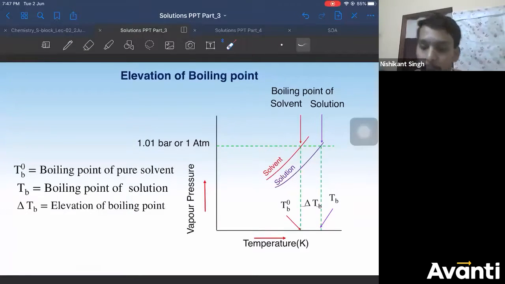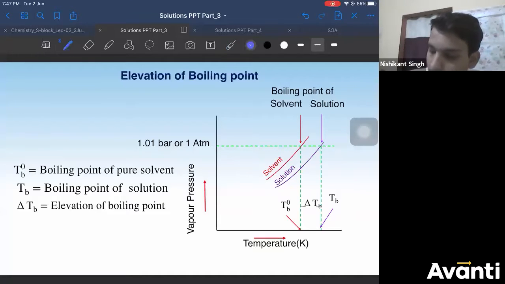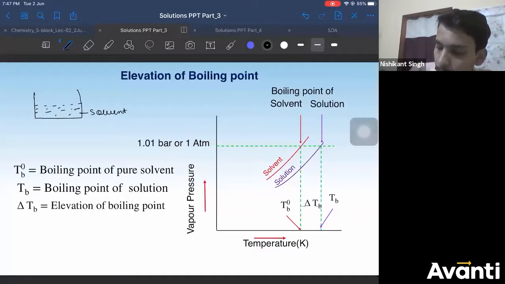I am taking you to my relative lowering of vapor pressure concept. Okay? Let me draw some diagrams here. So I'm taking you to the slide where we had discussed this. This is our liquid, your solvent. When you add some non-volatile solute to the solvent, we had studied that the vapor pressure of the solvent was P01.